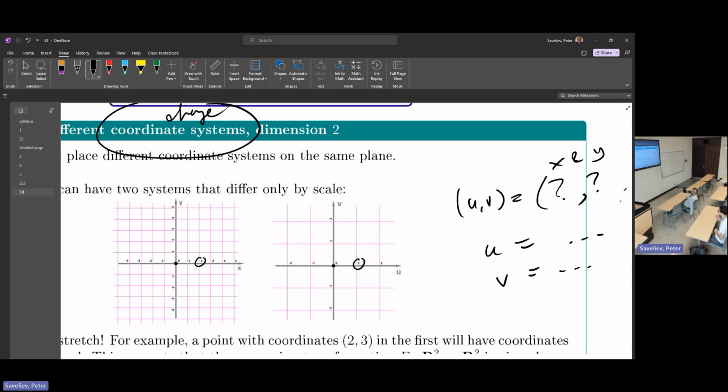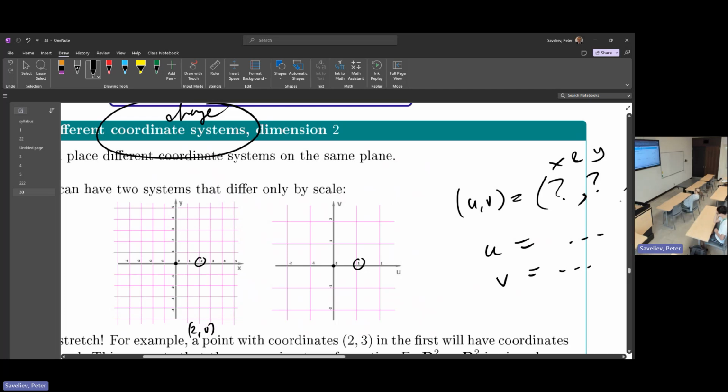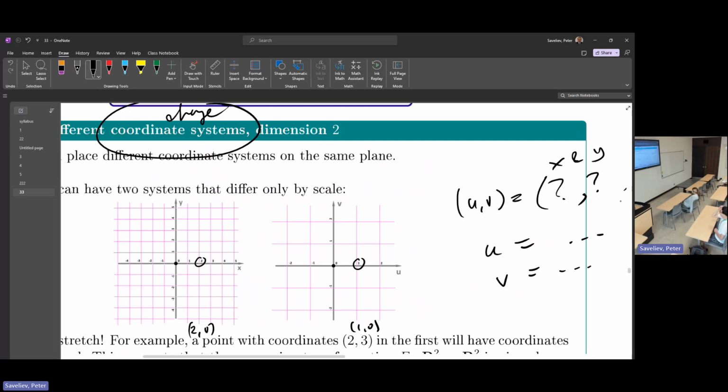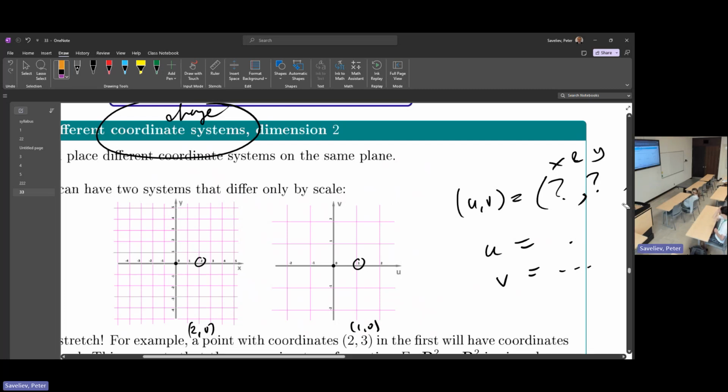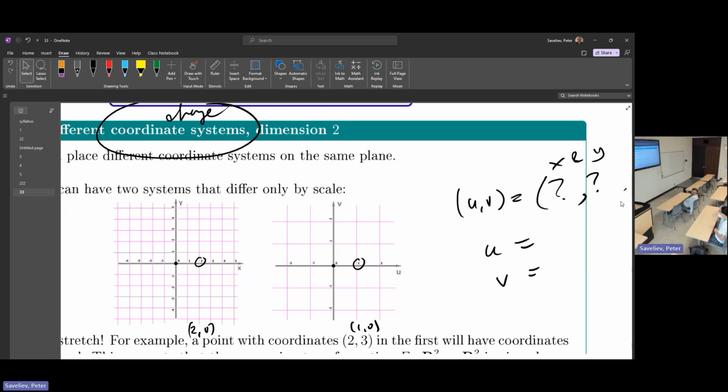They overlap the same nature, like a piece of paper with things drawn, and we just decided that the plastic on top of it would look different. So 2, 0 here and 1, 0 there is the same point in two different coordinate systems. So what do you do to get 1, 0 from 2, 0? U equals X over 2. Yes.